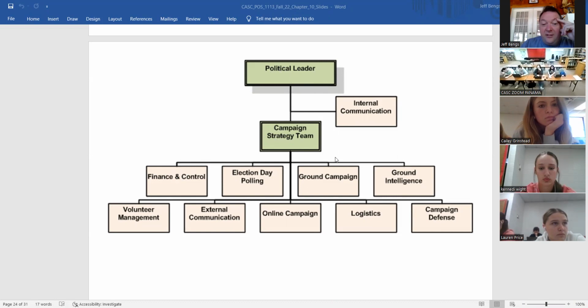You have a campaign strategy team. These are people who would be consultants, maybe considered experts on how to run a campaign. And there are professional campaign consultants.